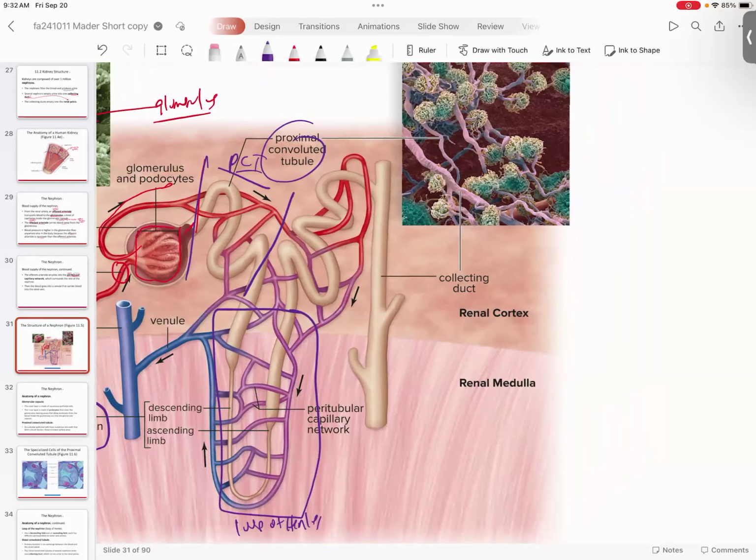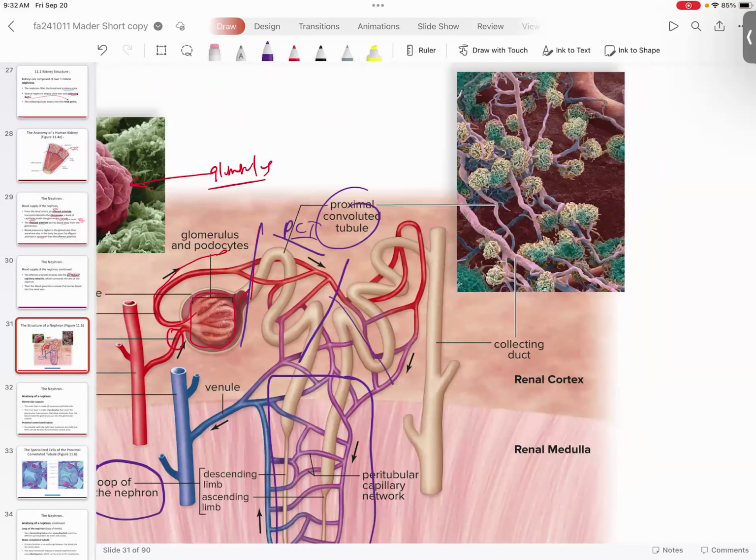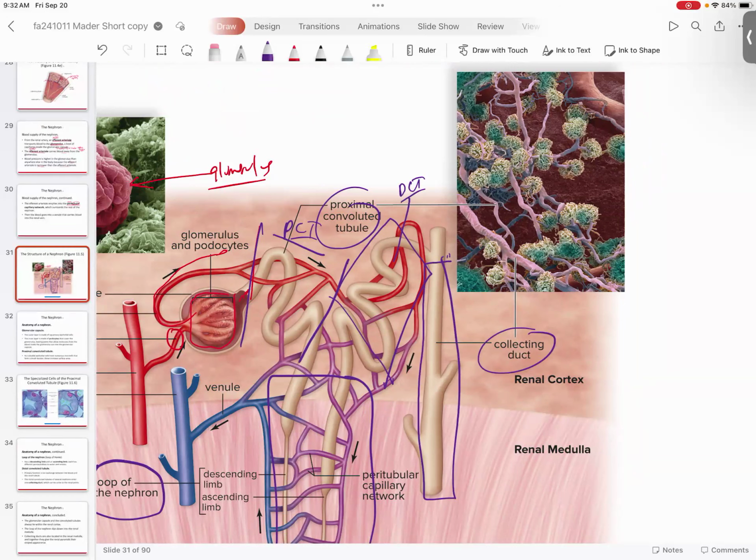And then beyond that, you have another big chunk here. This one is the distal convoluted tubule, or the DCT. And then this guy right here is going to be the collecting duct. And so those are the main parts of the nephron structure.